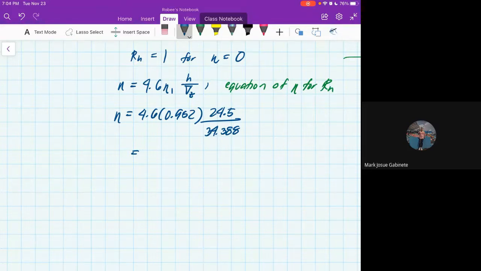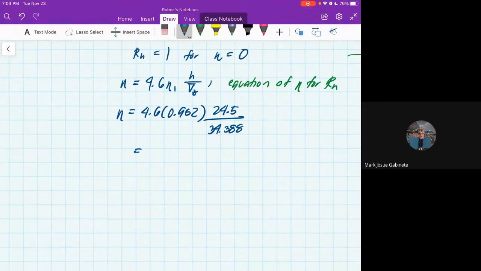Nakakulong sa open parenthesis po. 0.952. Ay, 0.952 po. 3.12 po, ma'am. 3.12. All right. So that's our value for nu.